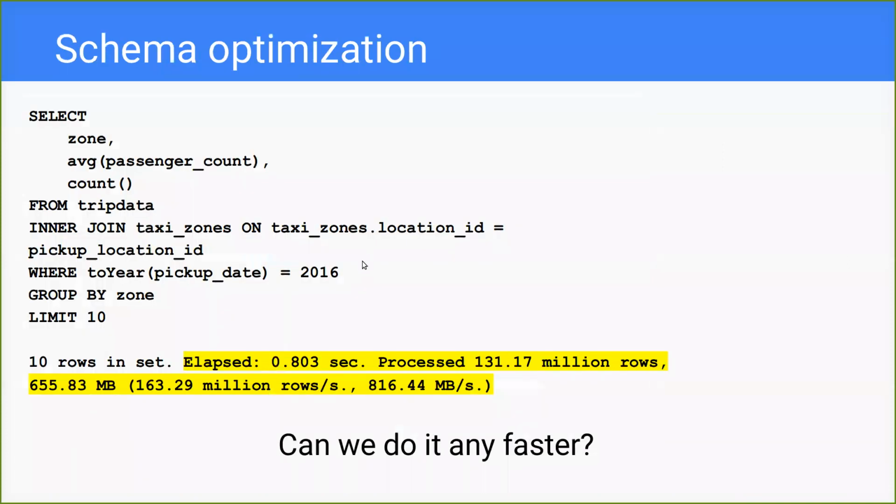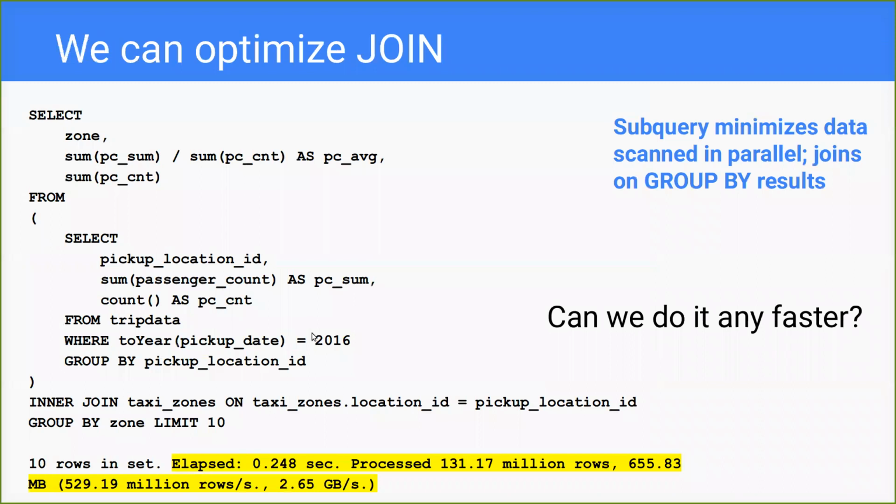Let's look at some other things that we can do. So, schema optimization. Here we go back to this query with the join, 0.8 of a second. The question is, can we do this any faster? One thing that we can do is optimize the join.